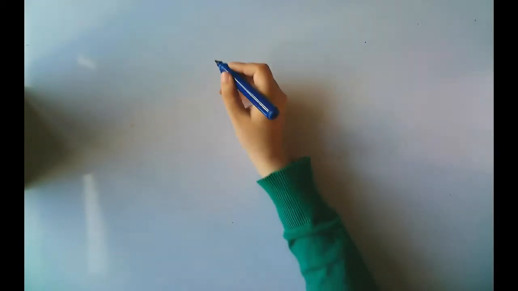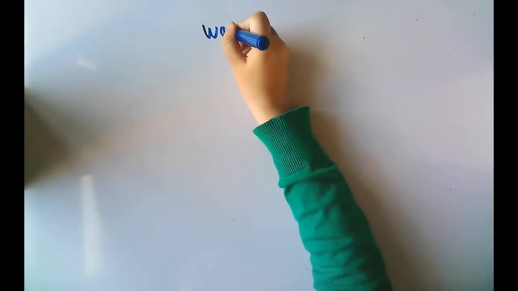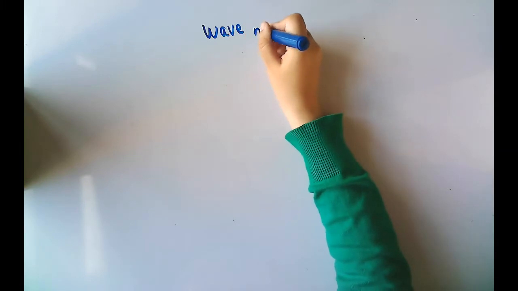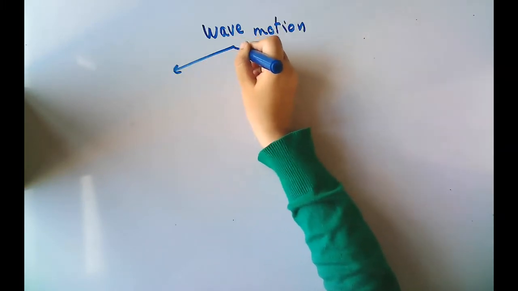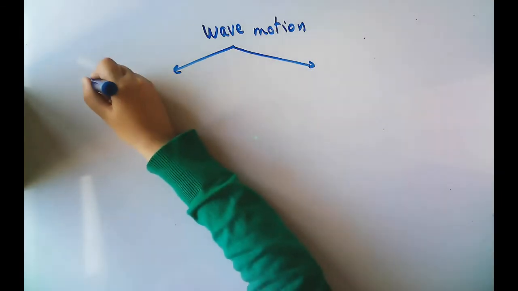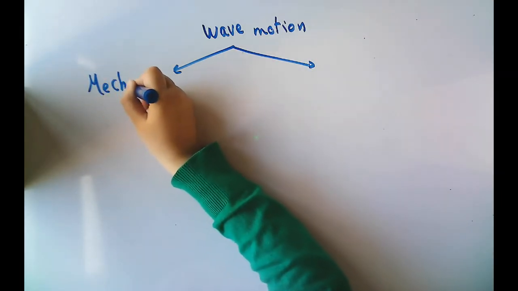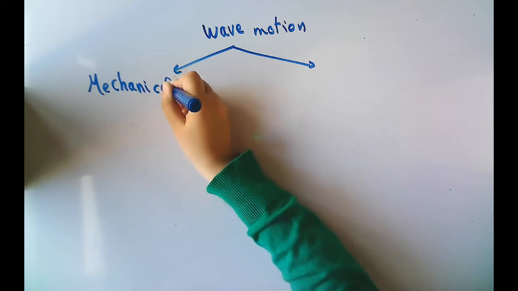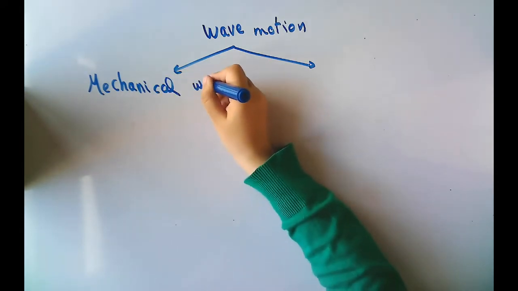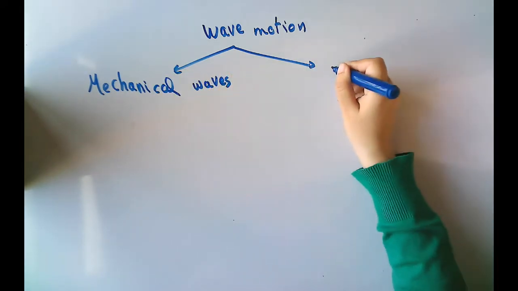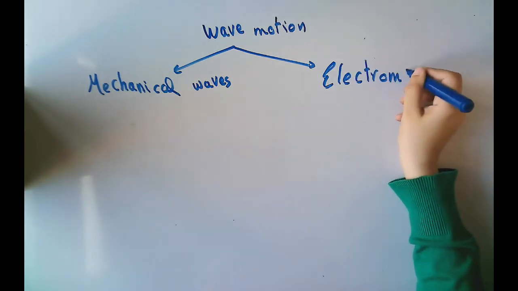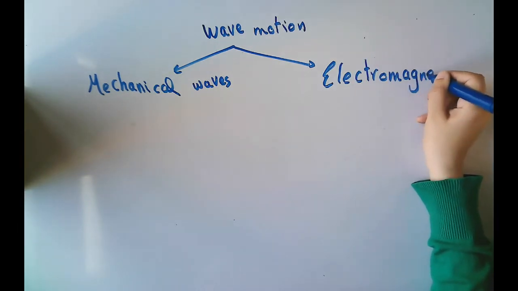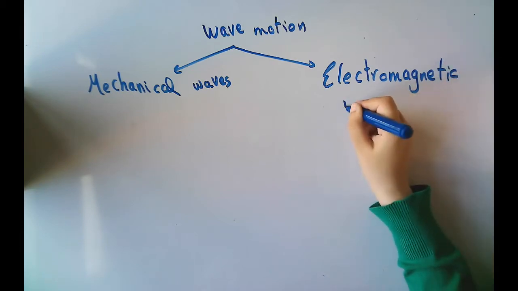We are classifying types of waves into two types: mechanical waves and electromagnetic waves.